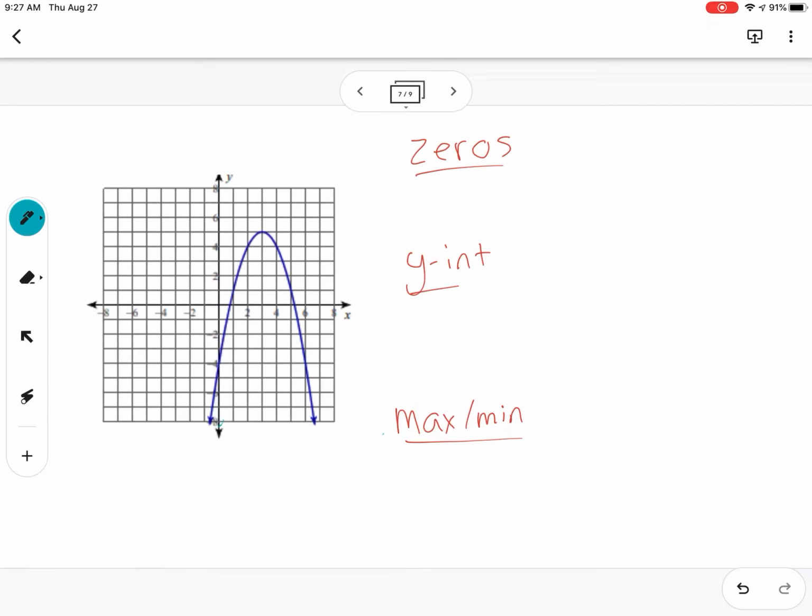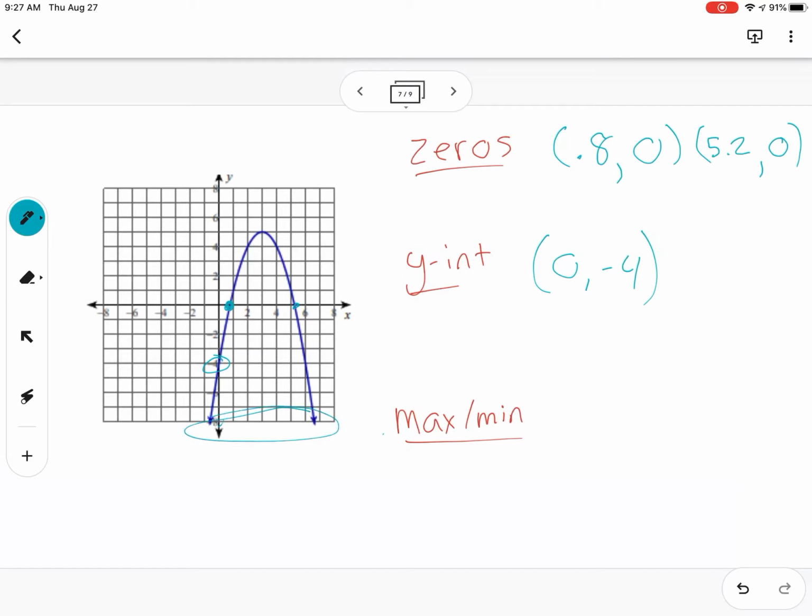Okay, so for zeros, we've got 2. Got 1 on 0.80 and 1 on 5.20. Y-intercept, 0, negative 4. Max and min, we only have 1.